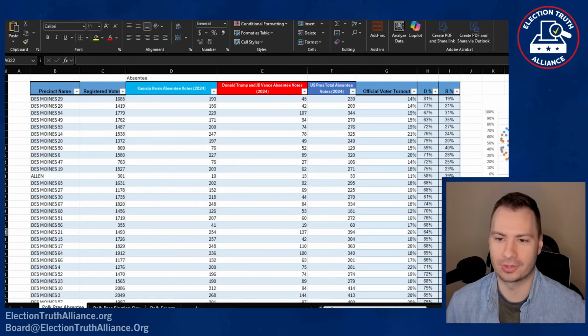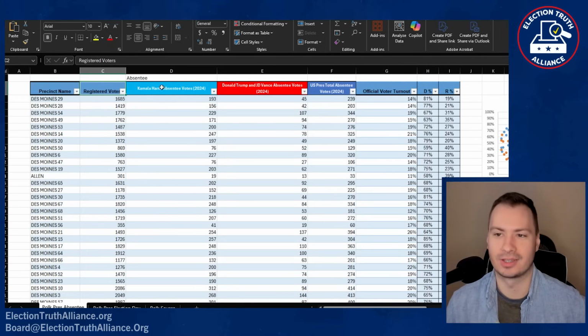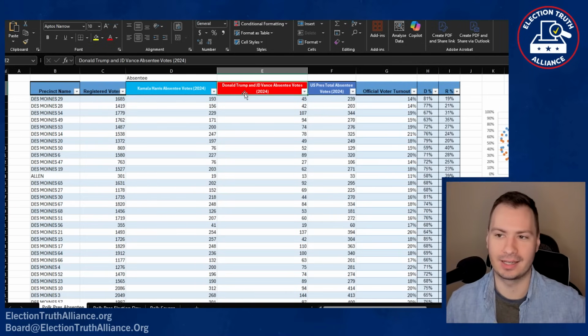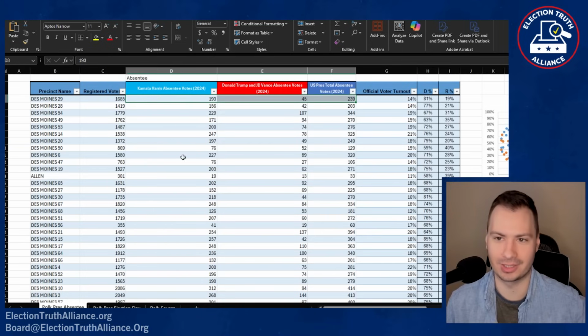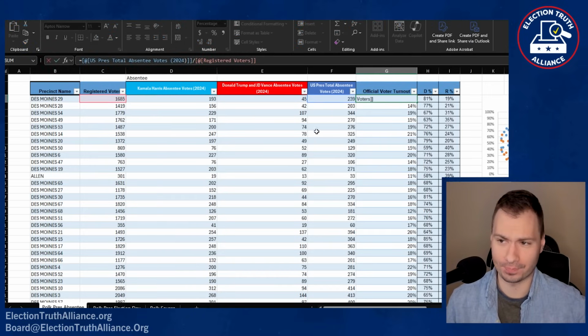So for the first portion, we have the precinct name. We have registered voters. We have candidate A, candidate B, the total votes for the vote type. So this is just absentee voting, which is early voting and mail-in mixed in for Iowa. Then we have calculations. So turnout is calculated by taking the amount of votes and dividing it by the amount of registered voters.